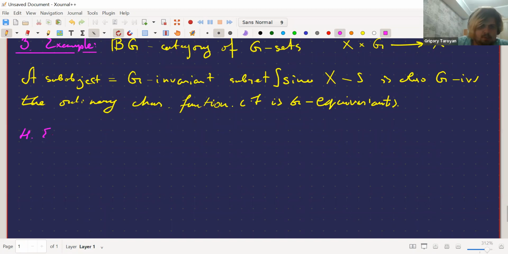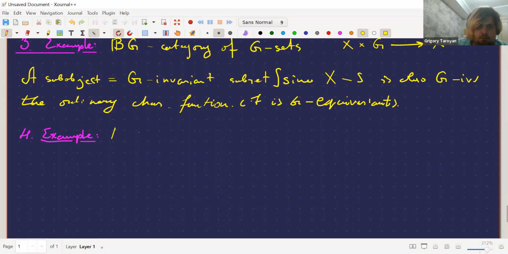The same thing can be said about monoids.